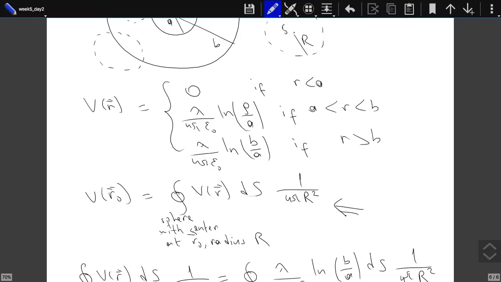If it doesn't satisfy the Laplace equation everywhere inside your surface, again, this equation is not valid. This result is valid only under those two assumptions: that your surface has to be a sphere and your potential has to satisfy the Laplace equation, not the Poisson.